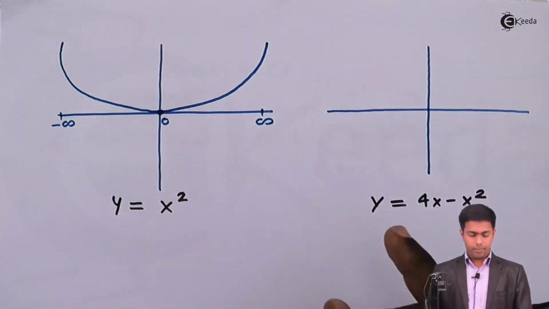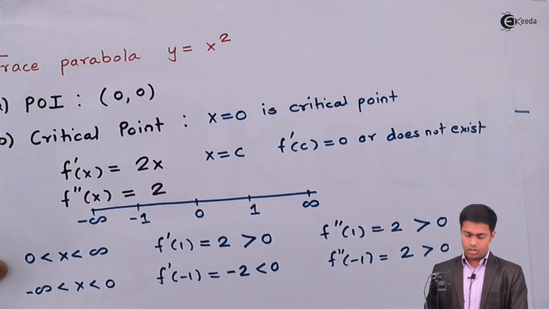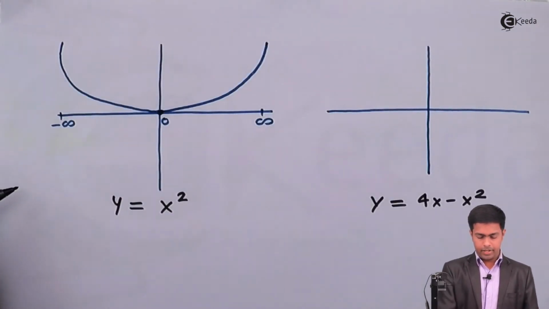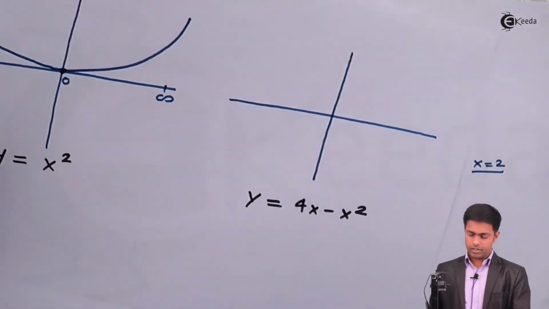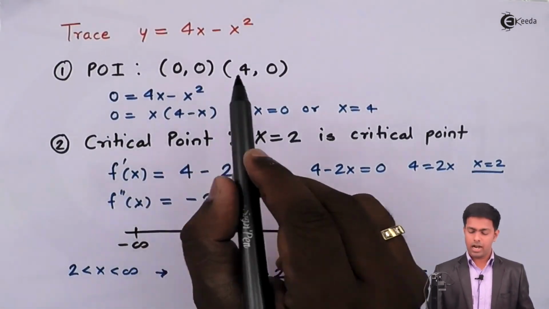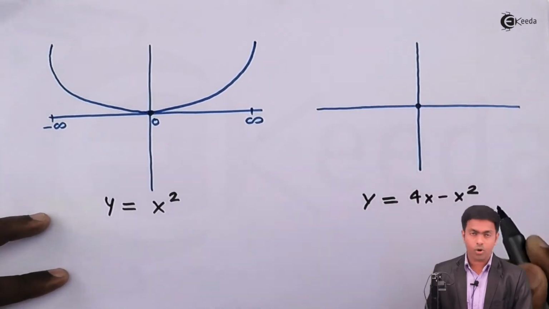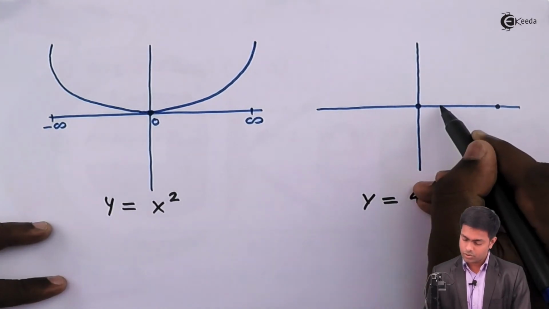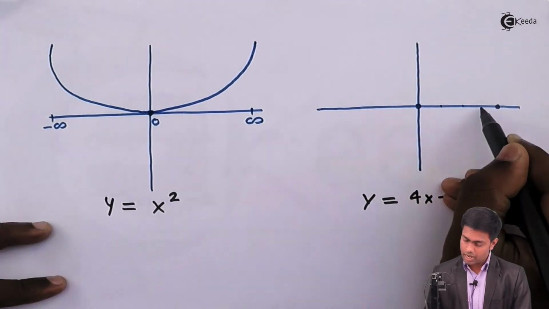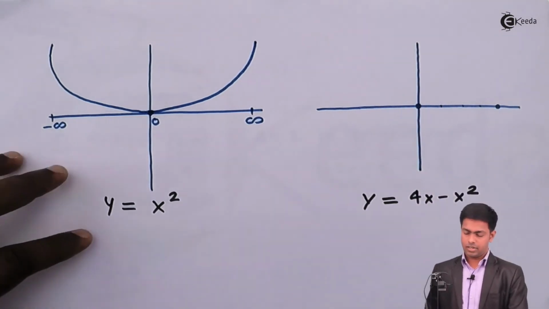First of all let's plot the points of intersection. The points of intersection are 0, 0 and 4, 0. So 0, 0 means this point, and 4, 0, let's consider it over here. So this is 4, 0. Let's say this is 1, this is 2 and this is 3. So these are the 2 points of intersection.